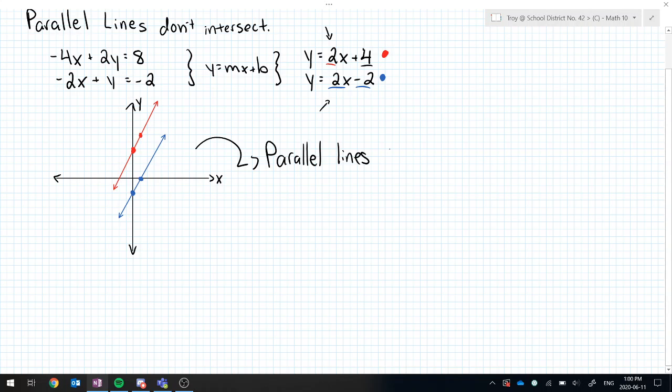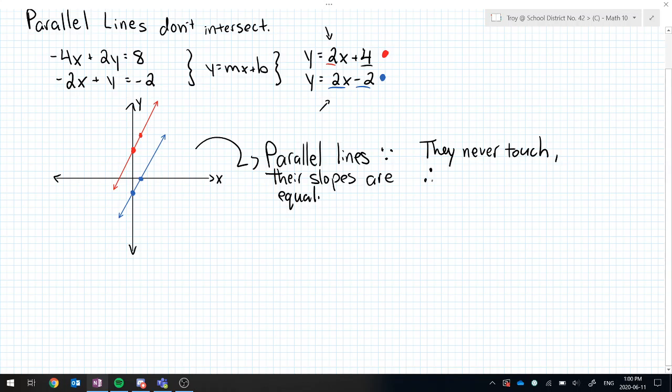These are parallel lines because their slopes are equal. Okay. They also never touch. They never touch, they never intersect, they never share a point.